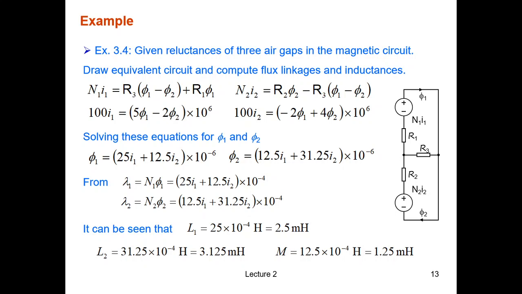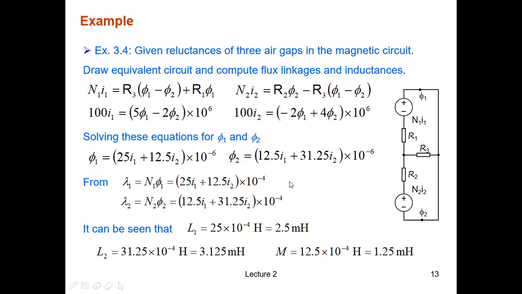Now I will solve the equations for phi1 and phi2. We consider phi1 and phi2 as the unknowns, and we solve them as expressions of I1 and I2. After we get phi1 and phi2, we multiply phi1 by N1 to get lambda 1, and multiply phi2 by N2 to calculate lambda 2.